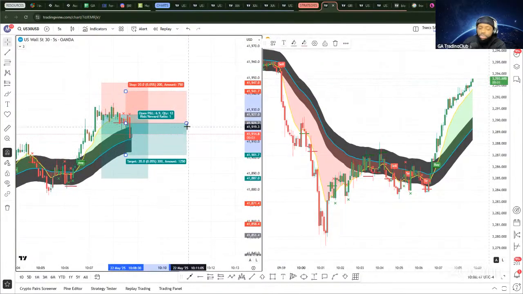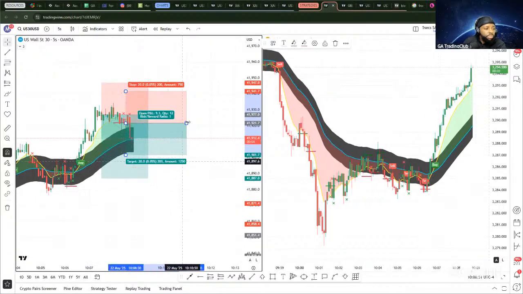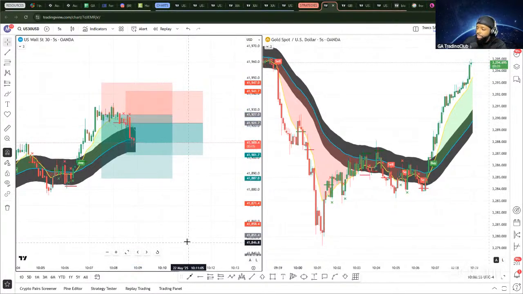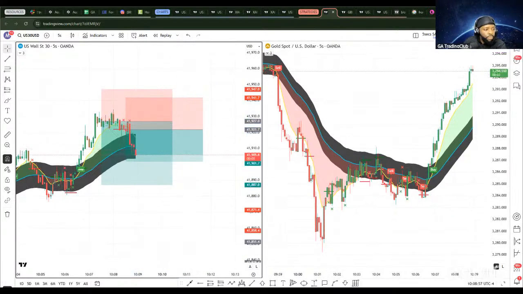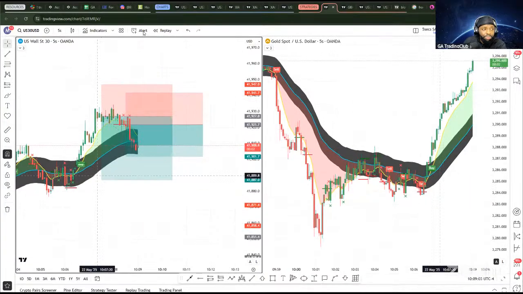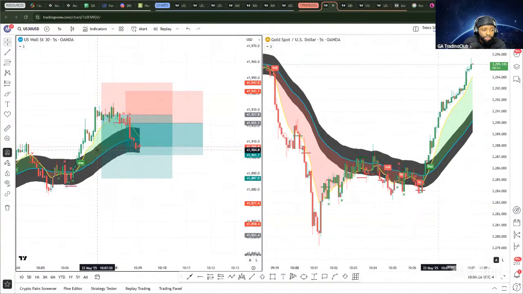Okay, perfect. Come on, just gotta get some more pushes right here. There we go. Need a big push. Keep in mind we do have a bullish order block somewhere here close to TP, right?